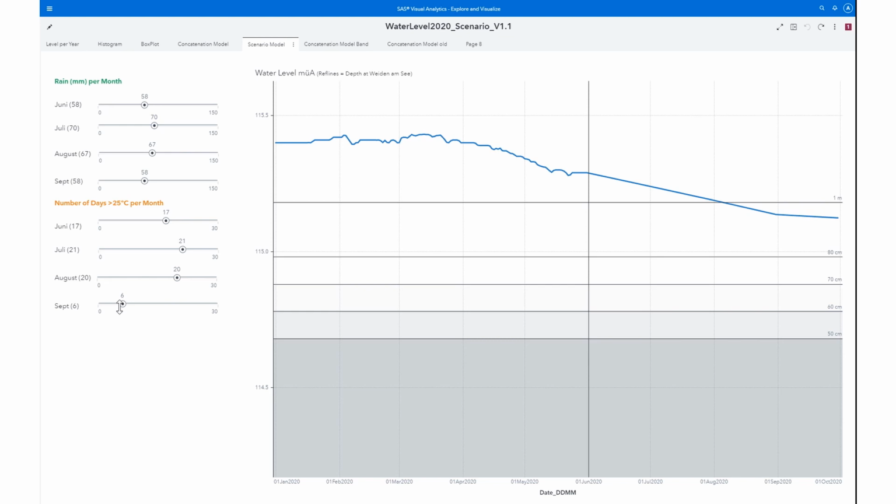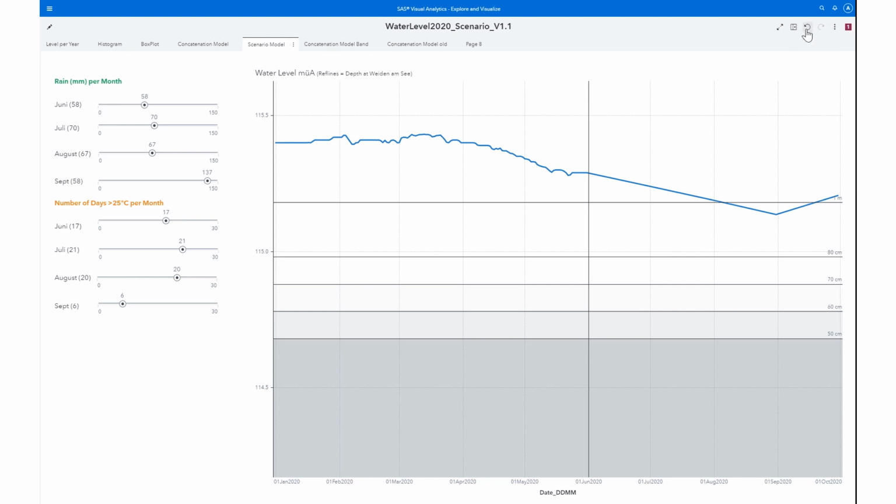If you now play around with the scenario and say, let's assume there would be a lot of rain in September, and we increase the rain, we see that this has an immediate effect on the water level in September.